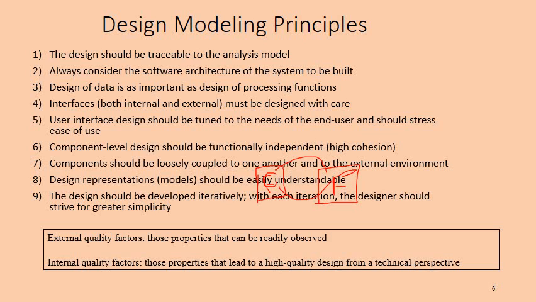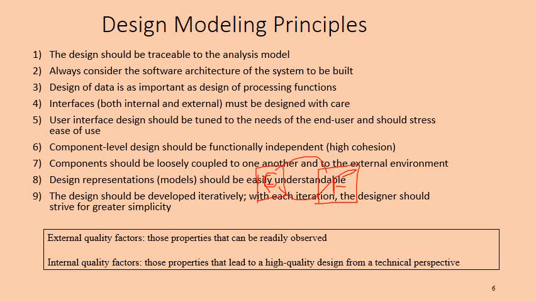When you properly apply these designing principles, the software engineer can create a design that exhibits both external and internal quality factors, right? External factors are those properties that can be readily observed, and the internal quality factors are those properties that lead to high quality design from a technical perspective.